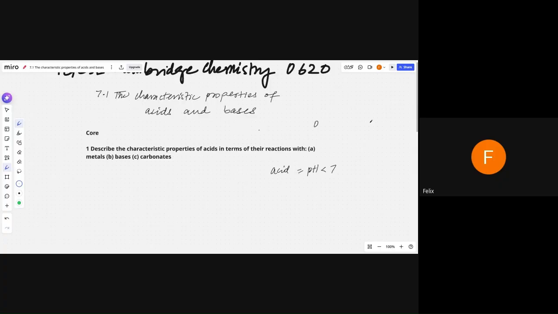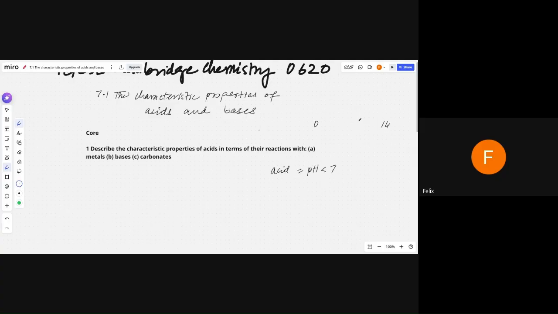It starts from 0 and goes all the way to 14. On this scale, there are many methods to calculate the pH. Sometimes we use a universal indicator. It's a paper which changes color depending on the pH, right? And pH can be detected or calculated by using a pH probe or pH meter.